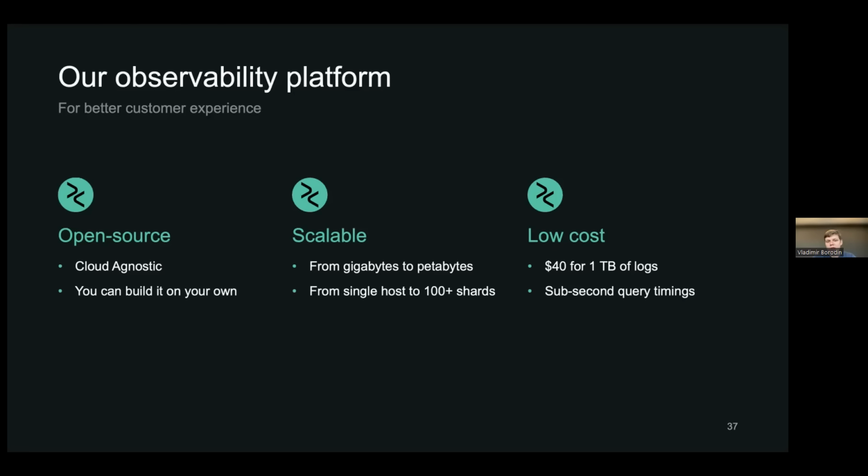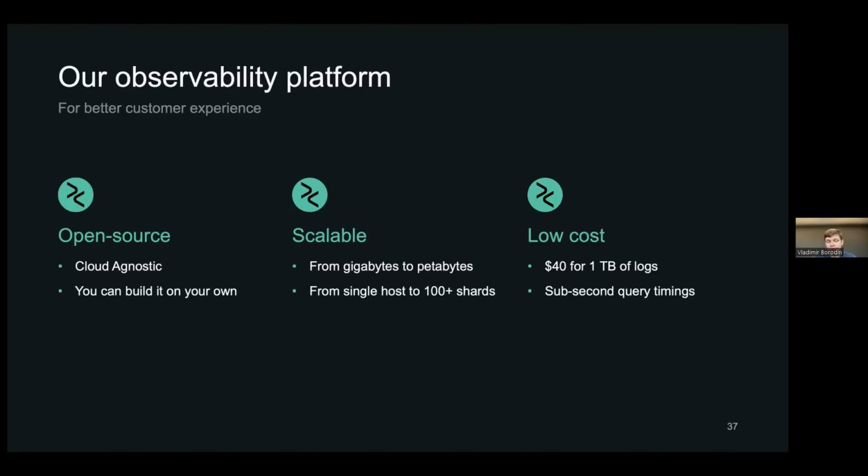On my previous work, we had a ClickHouse cluster with 150 shards, storing several petabytes of already compressed data. So ClickHouse is a really scalable solution. And the main advantage is the cost of the solution. $40 per terabyte of logs is literally more than 10 times cheaper than other ready-to-go solutions.